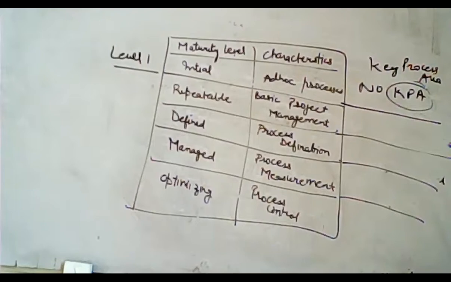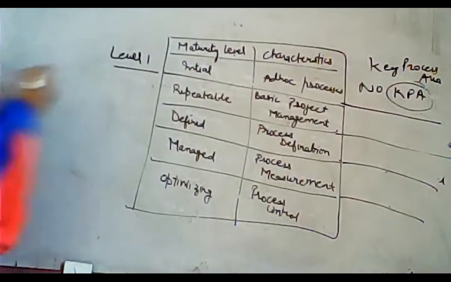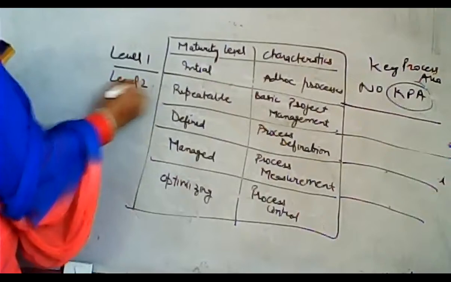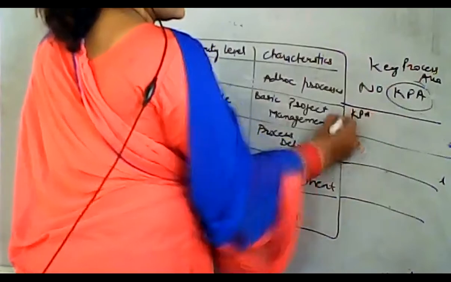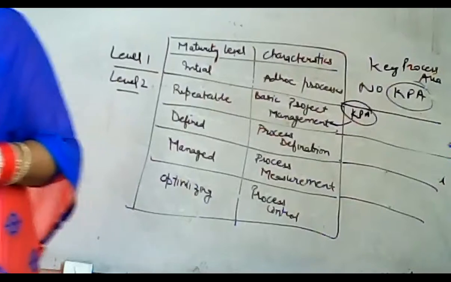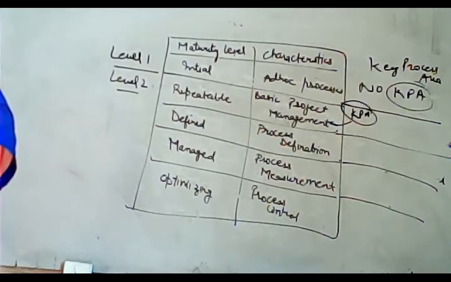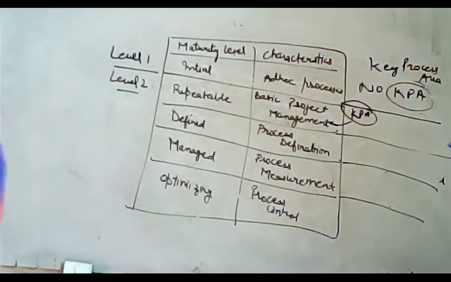Next is level two. The key process areas at level two focus on software project concerns. This level two is repeatable. It focuses on key process areas basically related to anything concerned with project management, whether it's controls or anything else like requirements management, software project planning.